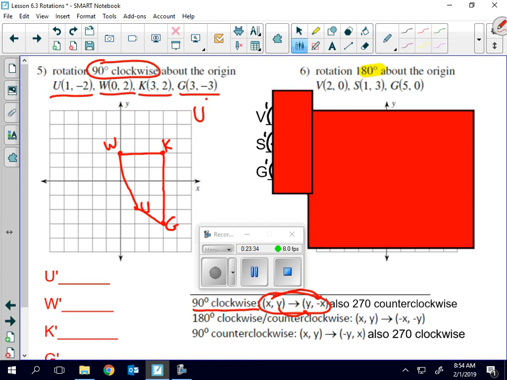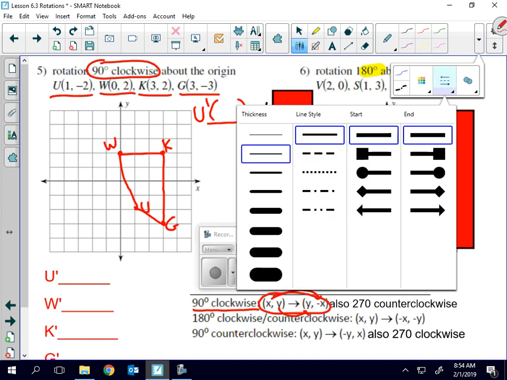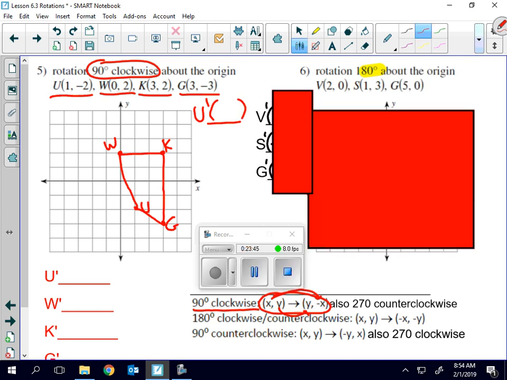So U prime, we're going to flip them around. So the 2 is going to come first. So you have -2, and we're going to make the 1 second, but we have to make that second one negative.